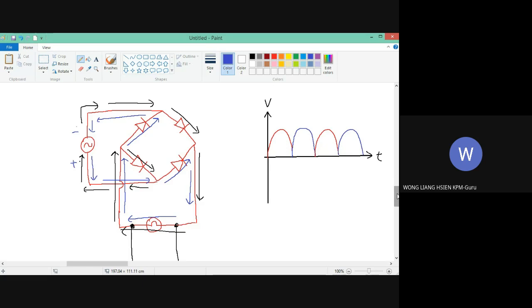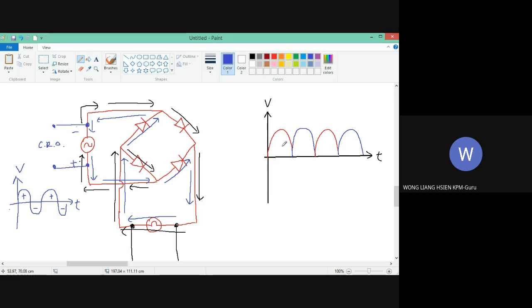So at first the input, if you connect here and here to the cathode ray oscilloscope, then this cathode ray oscilloscope will show the graph that looks like this. So the graph changes from positive half cycle, negative half cycle, positive half cycle, negative half cycle, to become all the same direction.